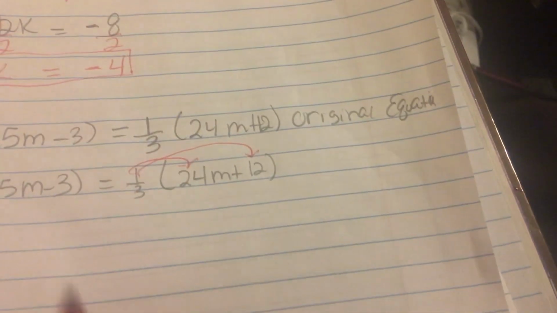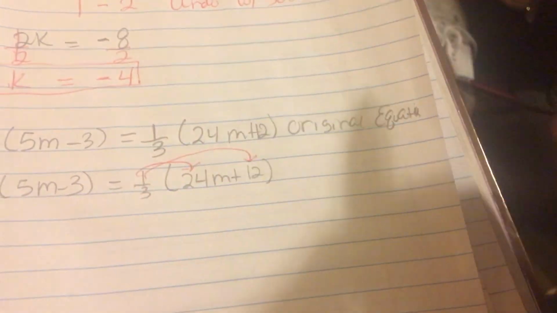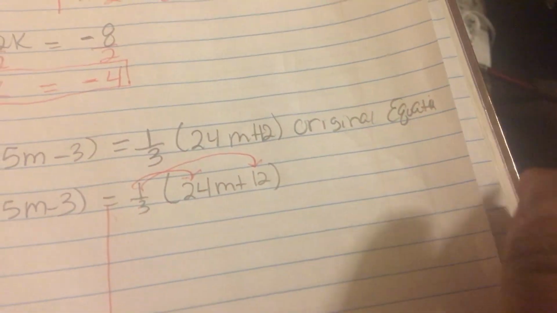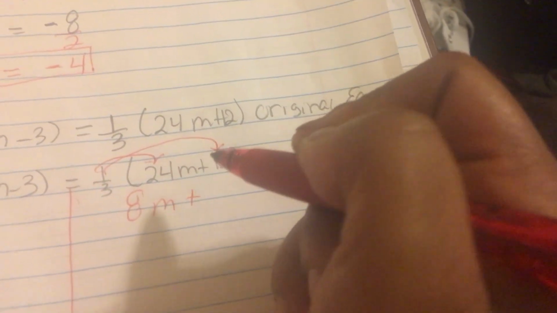So let's go ahead and do that first. So 1/3 times 24, let's draw a line to show that what we do to one side of the equation, we're going to do to the other side. 1/3 multiplied by 24, and of course use your calculator, is 8m. And then bring down your addition sign, and 1/3 times 12 is 4. So now you just want to copy everything else down.